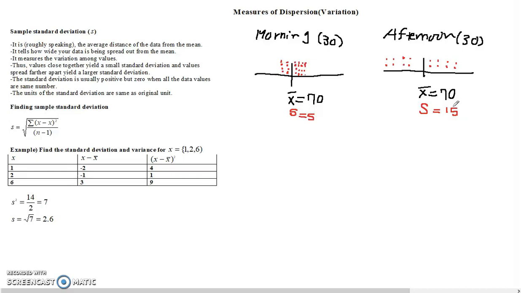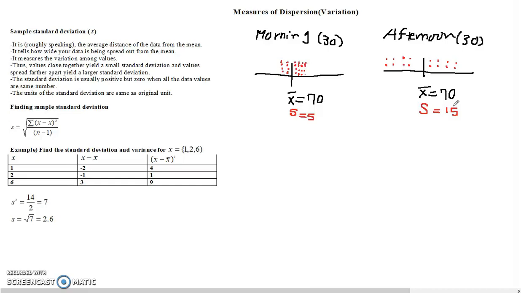Now, why is that so important? Because the location of these data is going to be very important when we talk about normal distributions, correlation and regressions. It comes into play every time. So the variation just tells us the spread of the given data.